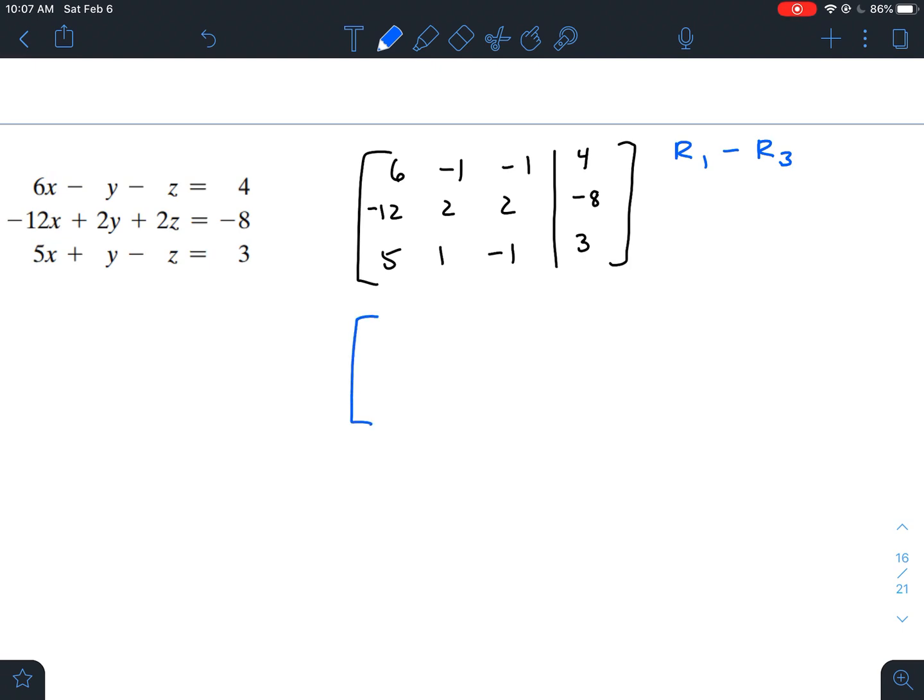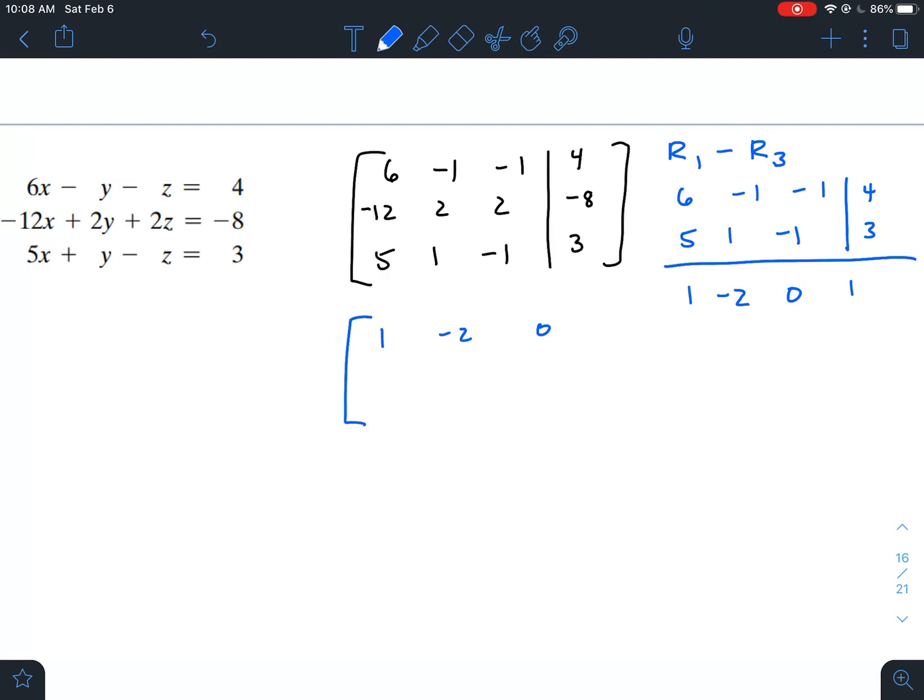So if I did row 1 minus row 3, I would do 6, negative 1, negative 1, 4, and I would subtract 5, 1, negative 1, and 3. I'm subtracting, so that first row is going to become 1, negative 2, 0, and 1.